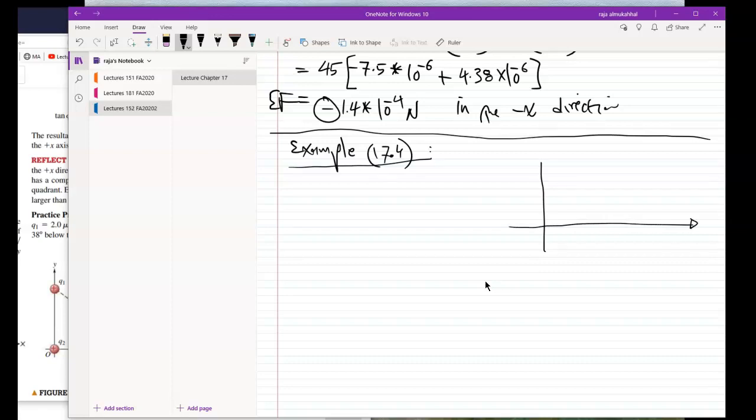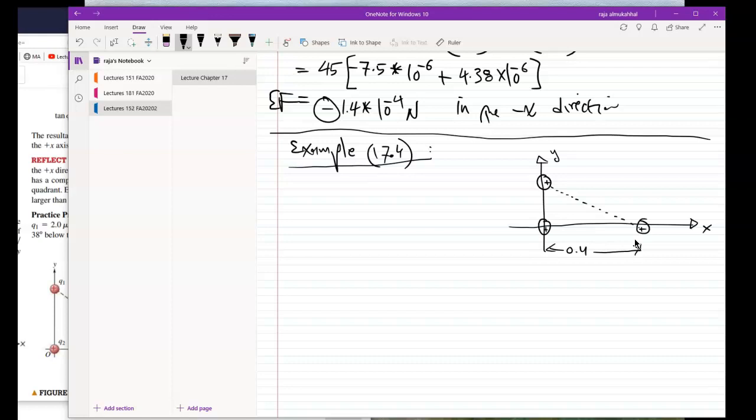I'm still getting used to the new stylus pen that I have, so excuse my crooked lines. And I have one positive charge right here, and another one here, and then I have another one. They're all positive, correct? Yes. Okay. And one right there. This is 0.4.